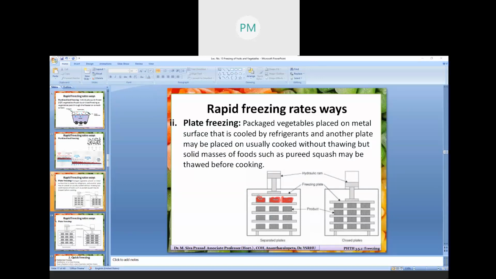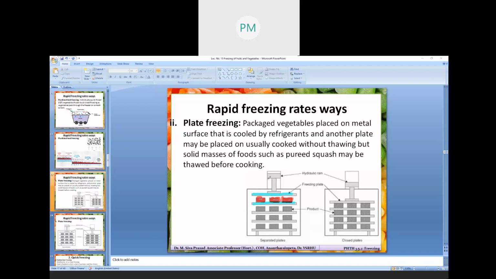These are the plates which contain your refrigerant. So what will they do? They will freeze your foodstuff that is placed in between the metals. The product is placed between these metallic plates, and then pressed between the freezing plates. Then the foodstuff is frozen by using this rapid freezing technique.